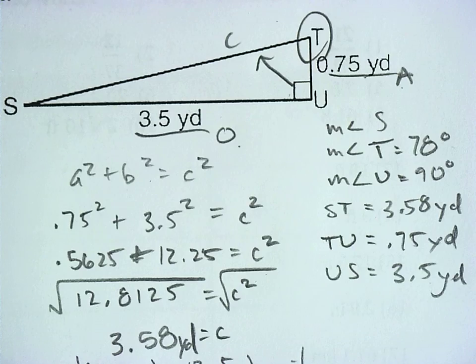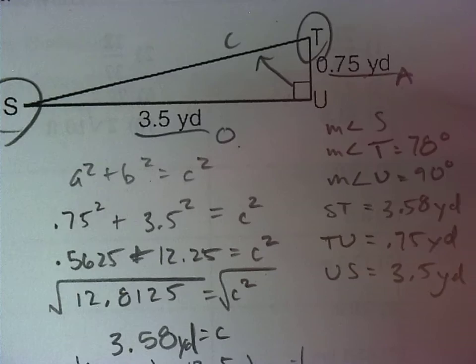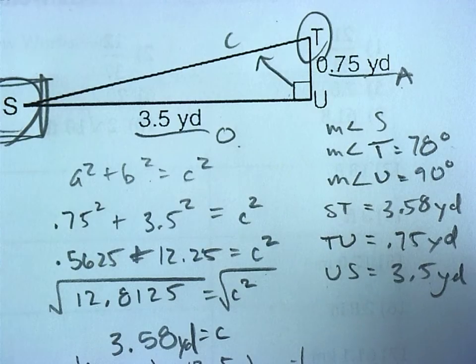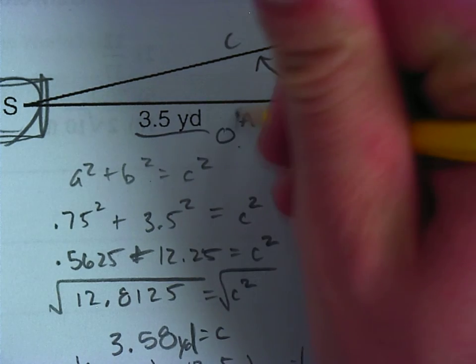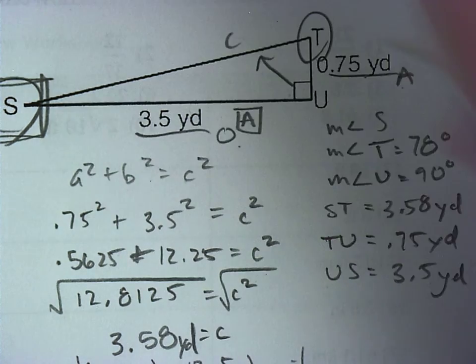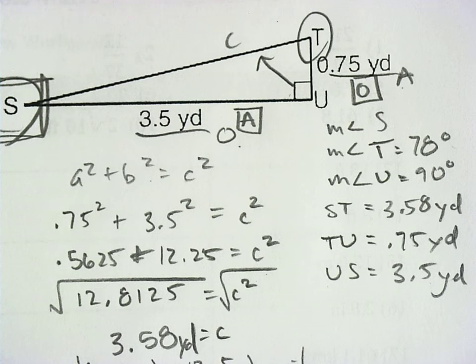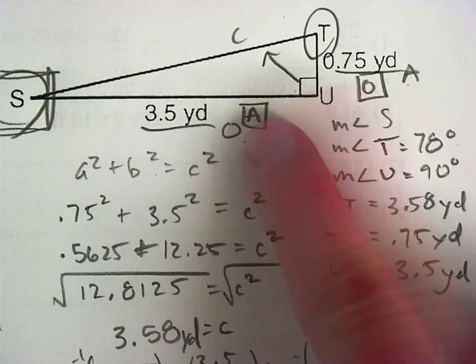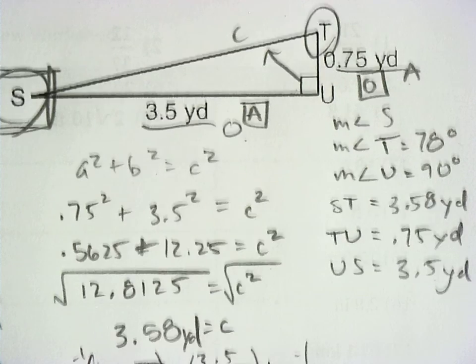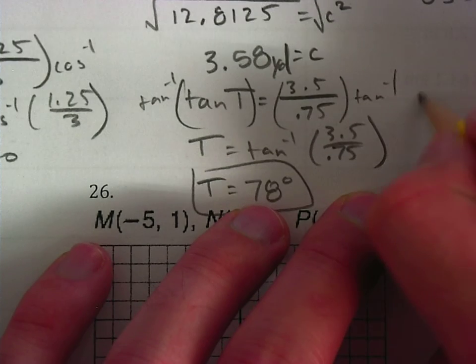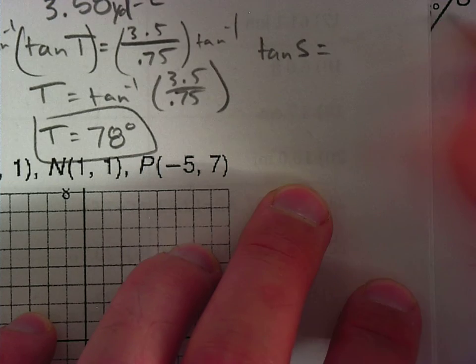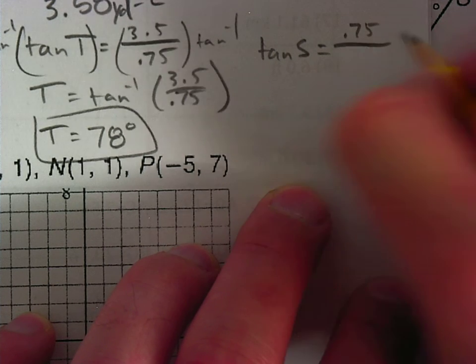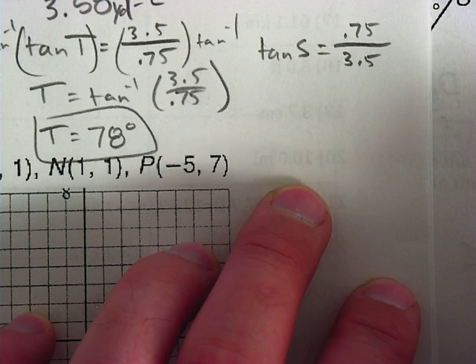And now we need to find the measure of angle S. Now from S, I'm actually going to put a box around this one. From S, 3.5 is actually the adjacent, and 0.75 is actually the opposite. So we're still doing tangent, but notice that we're flipping it because we're doing the other angle. So the tangent of S is opposite, 0.75, over adjacent, 3.5.